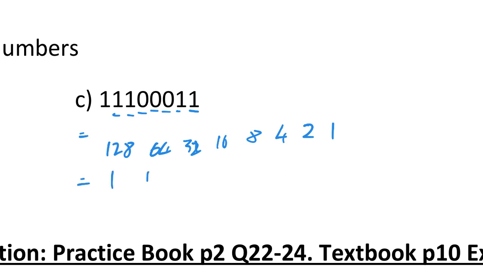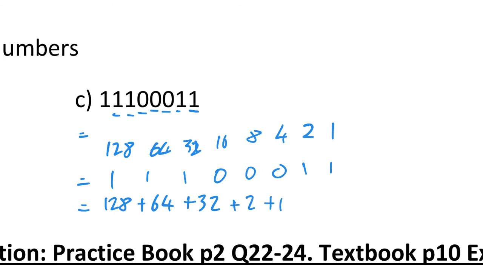Again, let's write down the binary number underneath and see what we actually have. The 128 we're taking, the 64 we're taking, the 32 we're taking, the 2 we're taking, and the 1 we're taking. And if we add those all up, we will get 227.